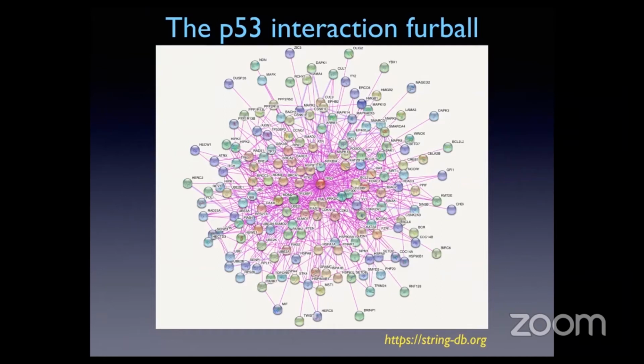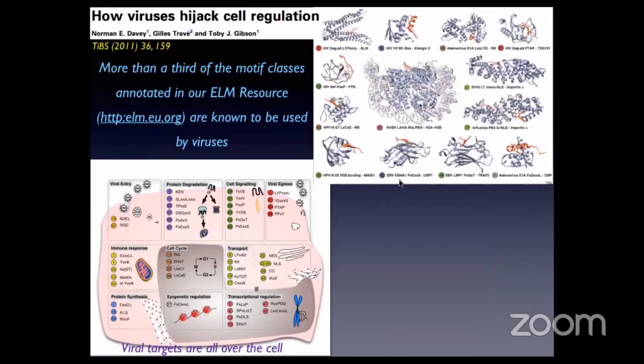Okay, so we've known for really quite a few decades now that viruses are using short motifs to hijack cell regulation. Norman Davey, Gilles Trava, and I reviewed this nearly 10 years ago.